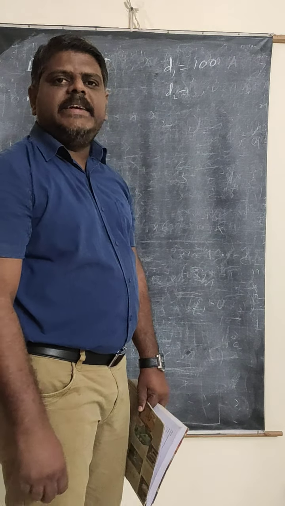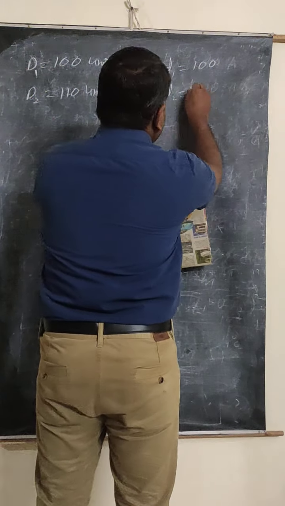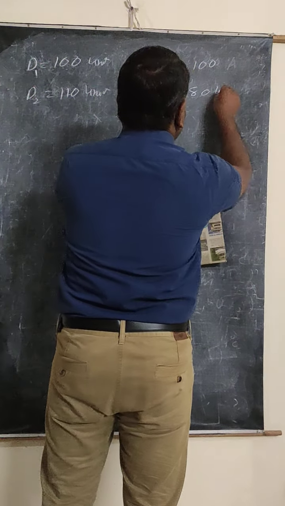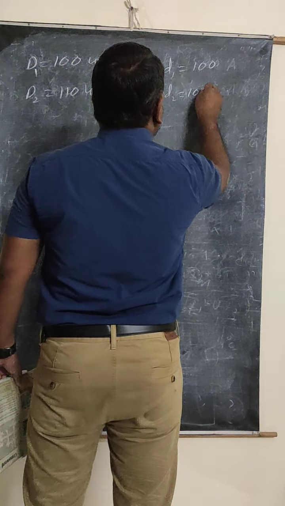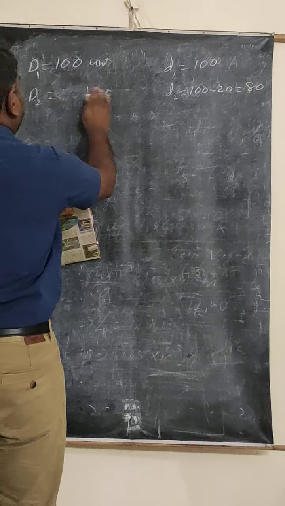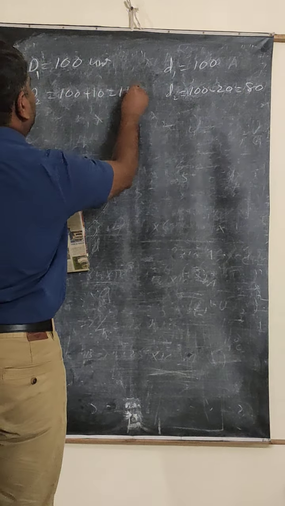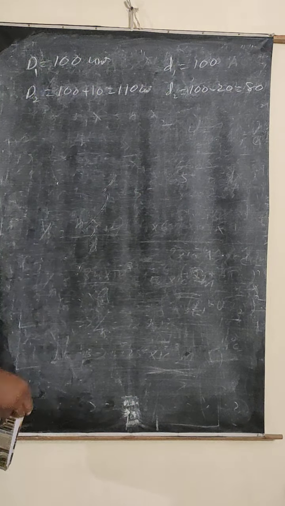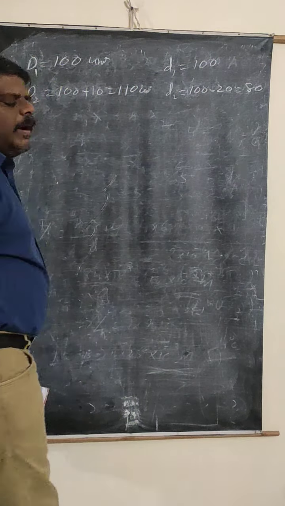So 100 minus 20 becomes 80 units. If you are confused, you can write 100 minus 20 equals 80, and 100 plus 10 equals 110 units. So you have the D1 and D2 values, and small d1 and small d2.